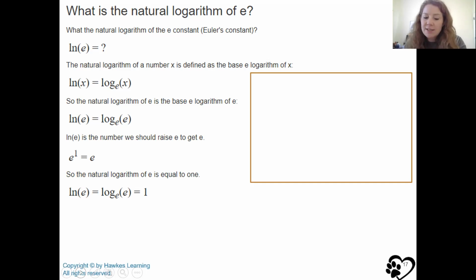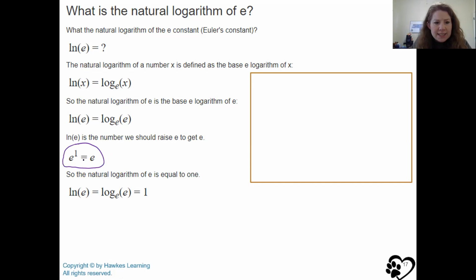So I would shift, and I would use the LN button. On my Casio, it's also over the LN button. So it's a natural logarithm of a number x. The natural logarithm of a number x is defined as the base e logarithm of x. So this is what I want you to look at right here.